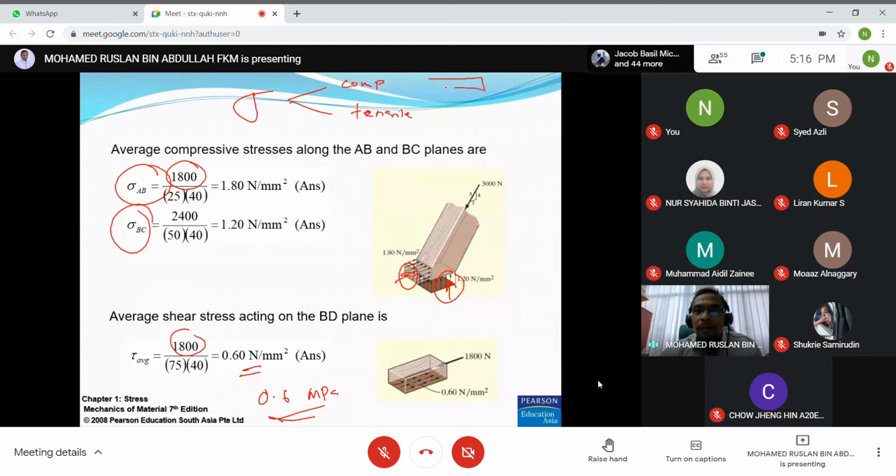Compression means the body is pushed by the force like this, but tensile is the opposite direction, so this is tension. And for tau, we have V over A. We have single shear and double shear. If single shear, tau equals V over A. If double, tau equals half V divided by A. So that is the average shear stress.